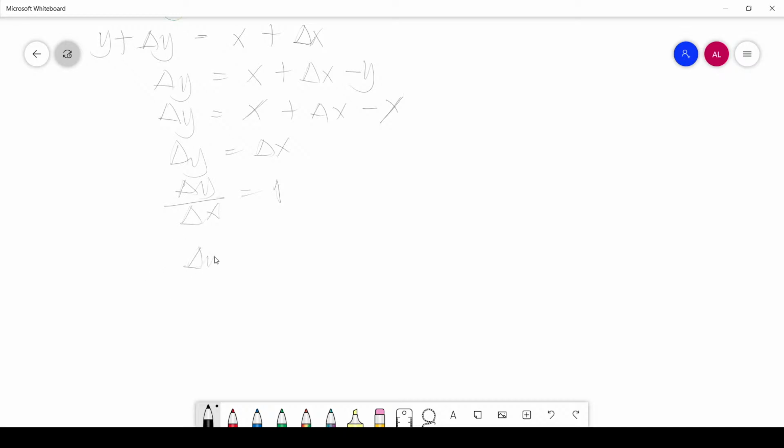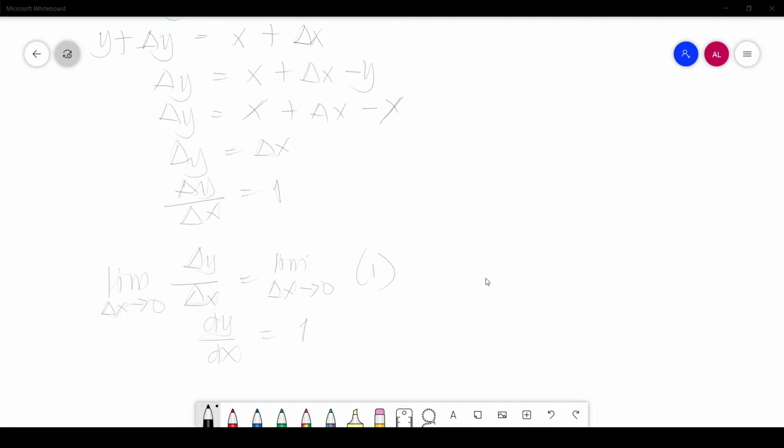So delta y over delta x, limit as delta x approaches 0, is 1. So dy over dx is still equal to 1.